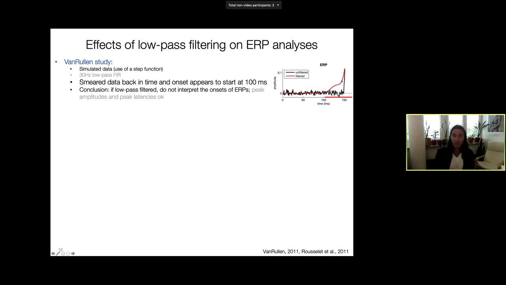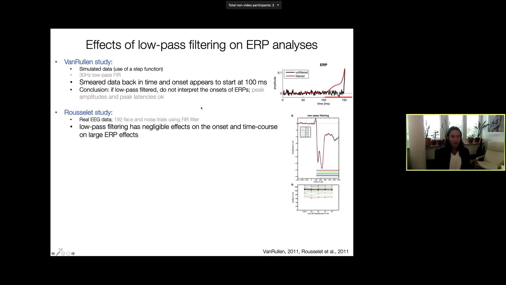What you can observe here in red is that in the filtered data the ERP component is smeared back in time, and the onset seems to start already at 100 milliseconds. His conclusion was that if low-pass filters are applied, the onsets of the ERP will be misinterpreted. However, the peak amplitudes and peak latencies are okay to interpret.